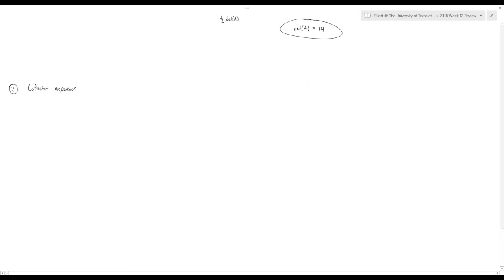All right, so to go over this method, I'll need to again introduce some terminology and notation.